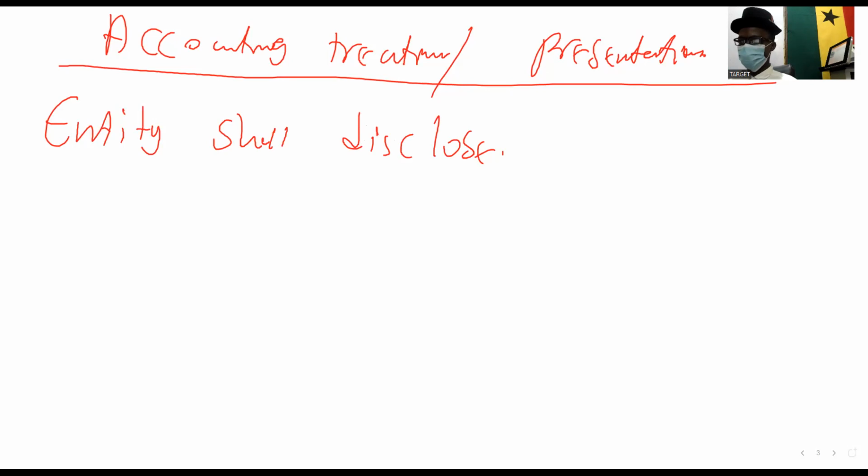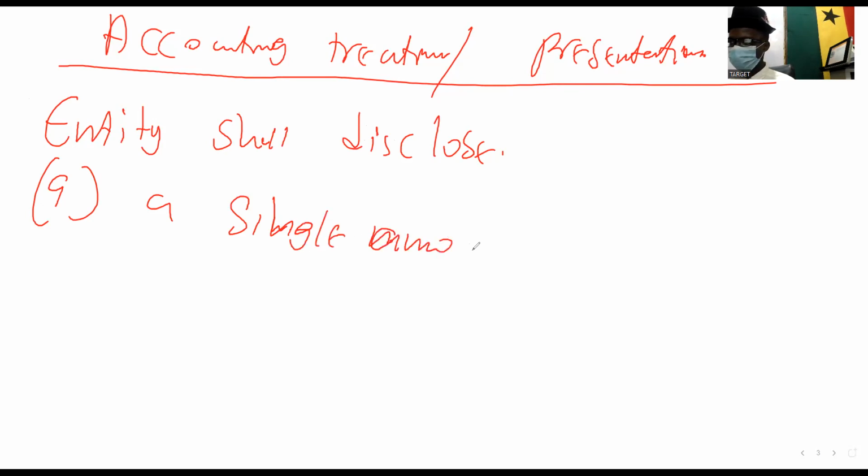The first thing, the post-tax profit or loss on discontinued operation. So here, a single amount in the statement of comprehensive income. So the entity shall disclose, number one, a single amount in the statement of comprehensive income.